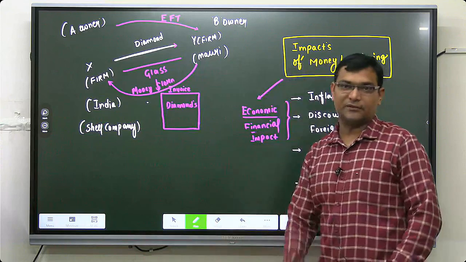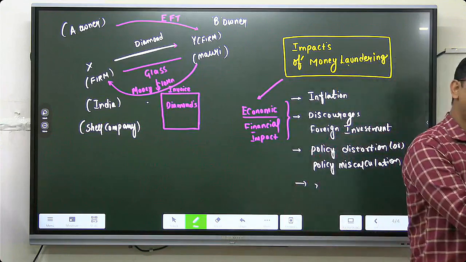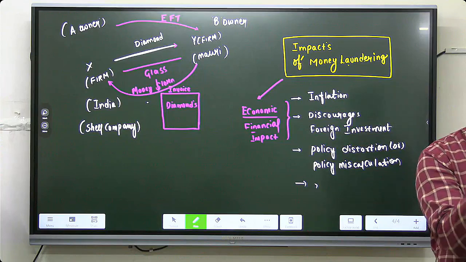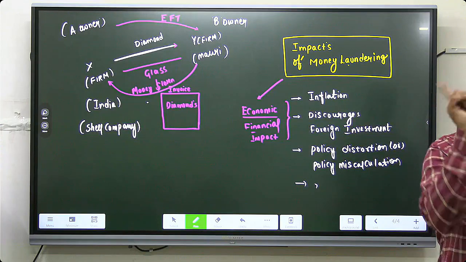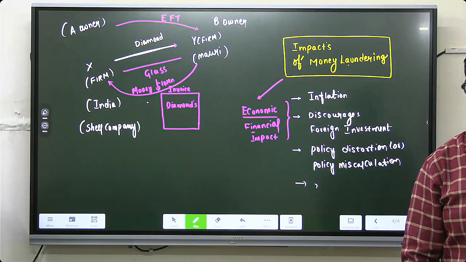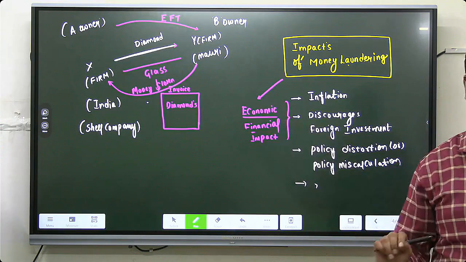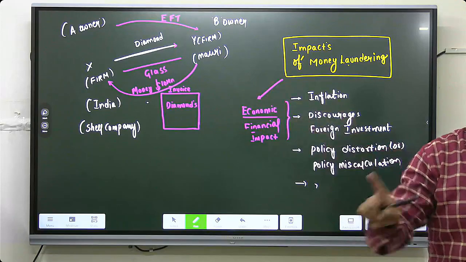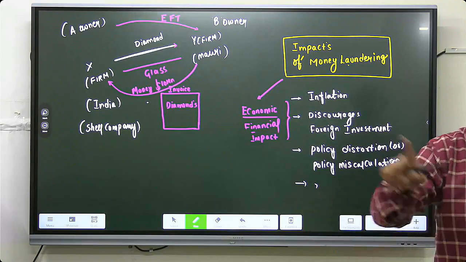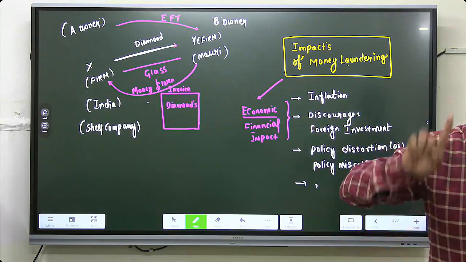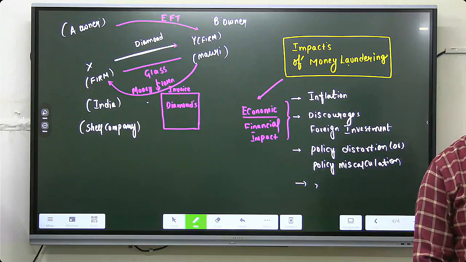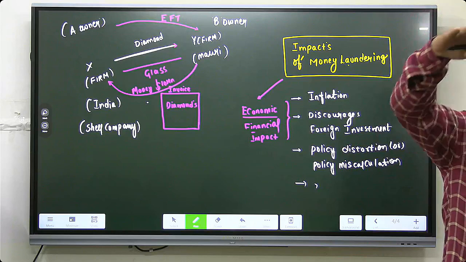Then damage to the reputations of financial institutions. If financial institutions are indulged in money laundering, then the reputation will be lost. Then nobody will invest, nobody will trust, nobody will buy the shares. Yes or no? Will you buy the shares of Adani? No? Because it was indulged in financial illegal activities. Whatever shares you have of Adani, you will try to sell. That means the share values of the companies will fall.